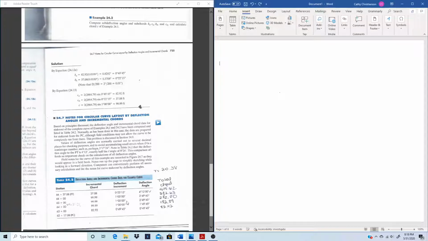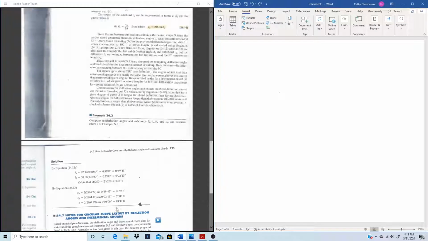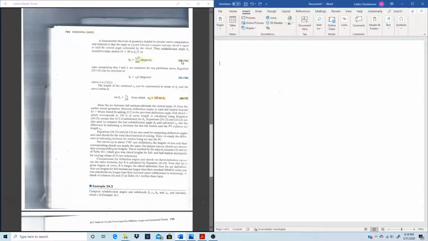So the first calculation would be this deflection increment. And how you calculate that is we would use equation 24-12. So we're wanting to find the sub-deflection angle.